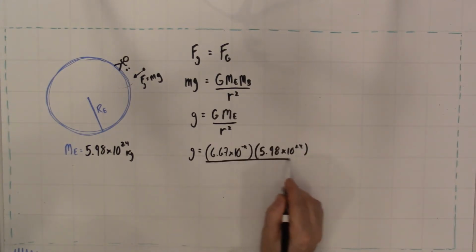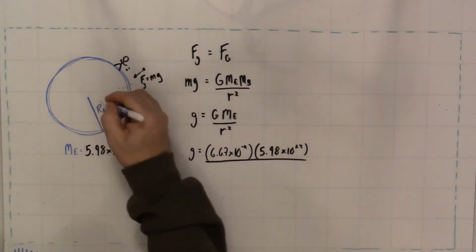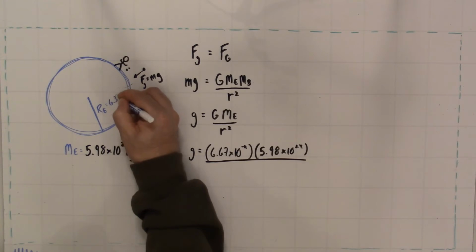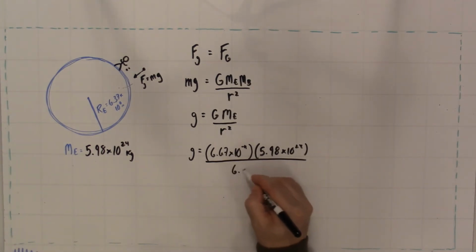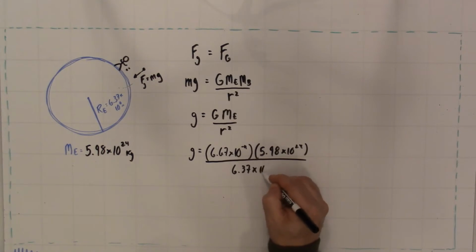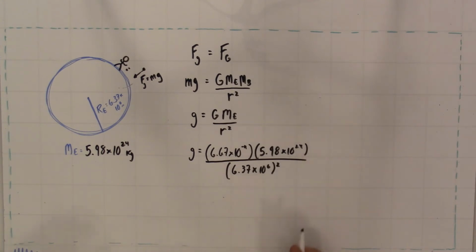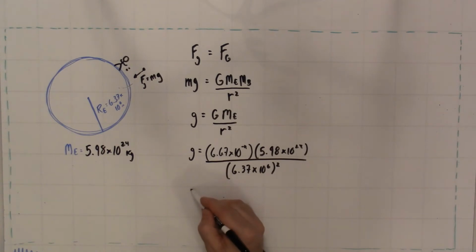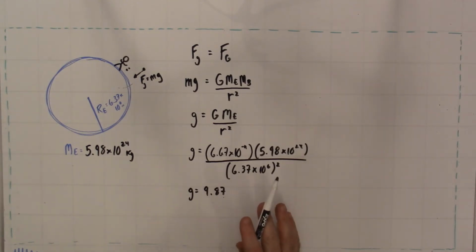And then we're going to divide that by the radius of the Earth, 6.37 times 10 to the 6th meters. Now, this is an inverse square relationship also, which is going to end up being important. If you put this in your calculator and you plug and chug it, you get g is equal to 9.87.